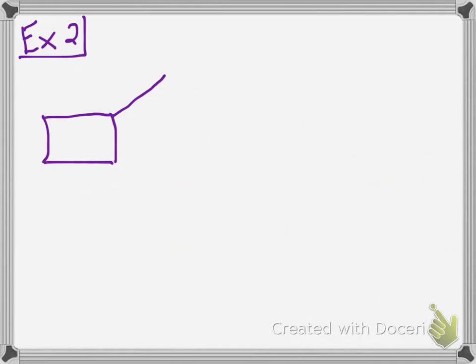Let's look at a second example here. Let's say we have a rectangular prism. I'll just draw one really quick here. Now these can be really tricky if you're not careful. I like to see all the sides and be able to count how many sides you have in a 3D object.